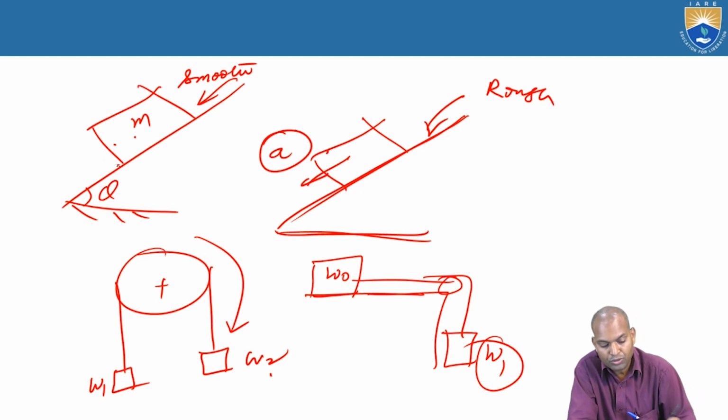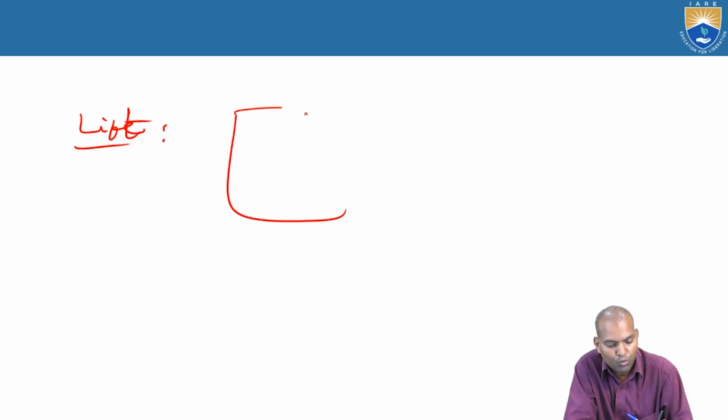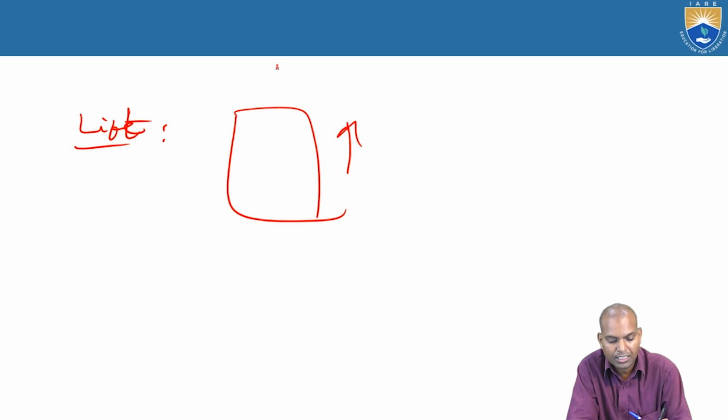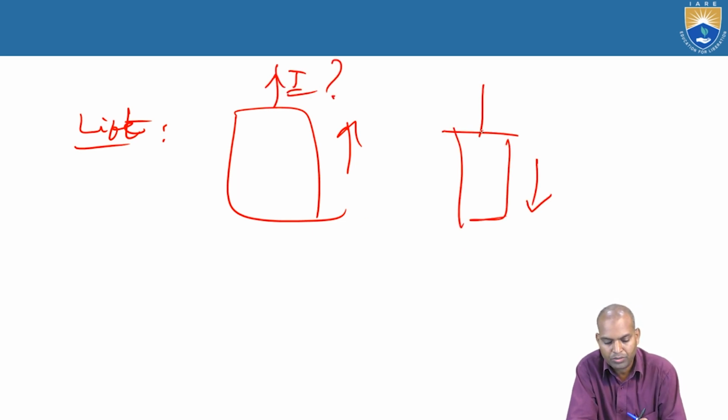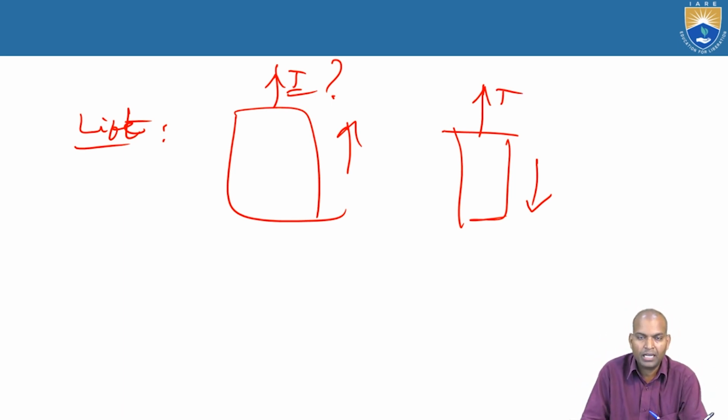One more important case is the analysis of the lift. If the lift is moving upwards, what is the tension in the cable T? If the lift is moving downwards, what is the tension in the cable T? This analysis of the lift can also be done by using the concepts of kinetics of rigid bodies.